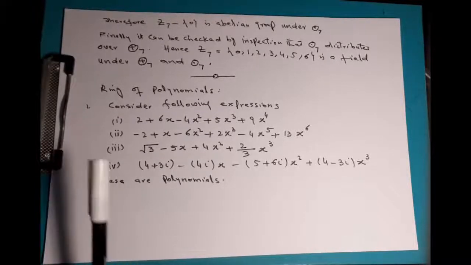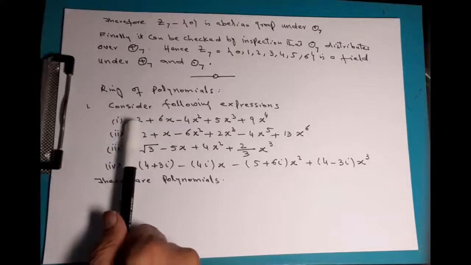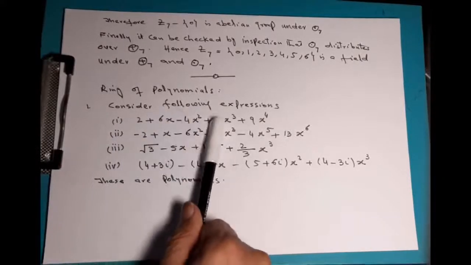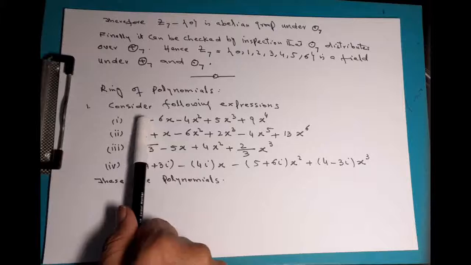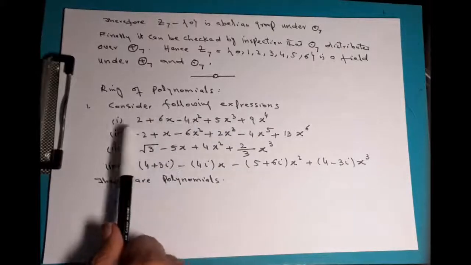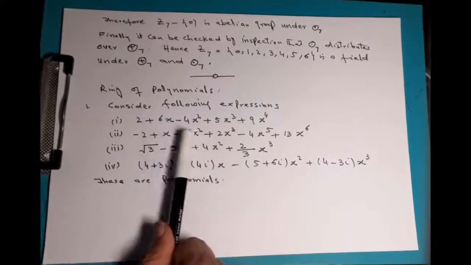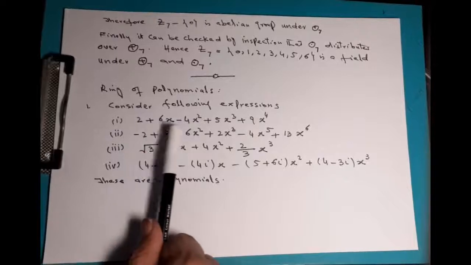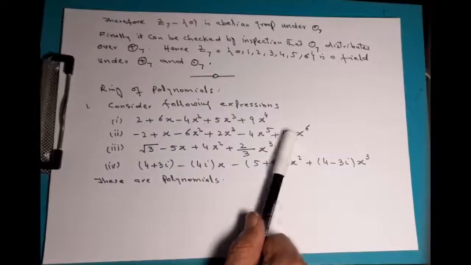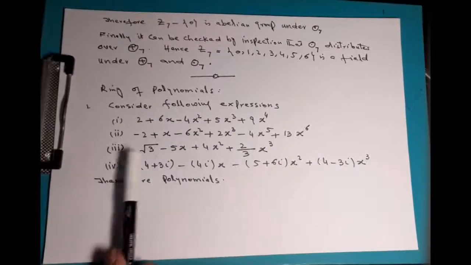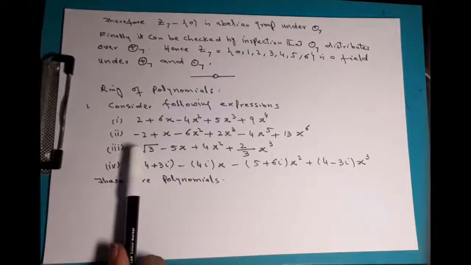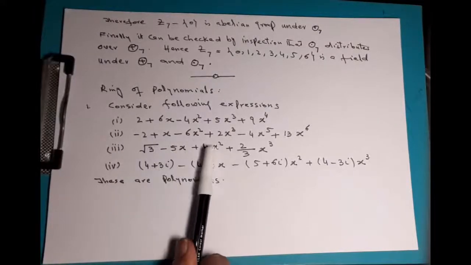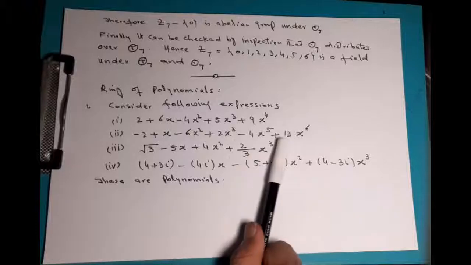Note that in this polynomial, 2, 6, minus 4, 5 and 9 are integers. In this polynomial, minus 2, 1, minus 6, 2, minus 4, 13 are also integers. In this polynomial, radical of 3, minus 5, 4, 2 upon 3 are real numbers.